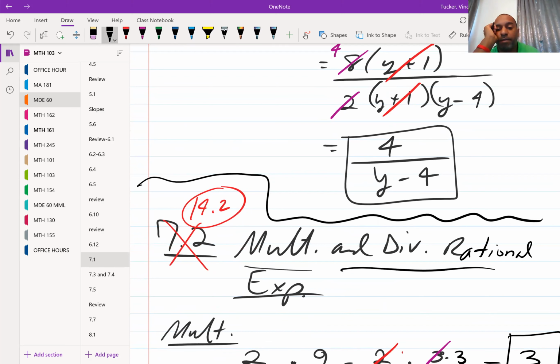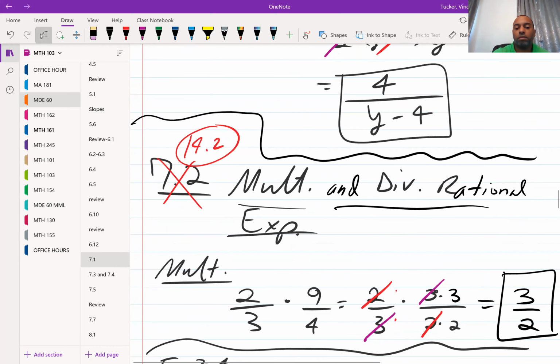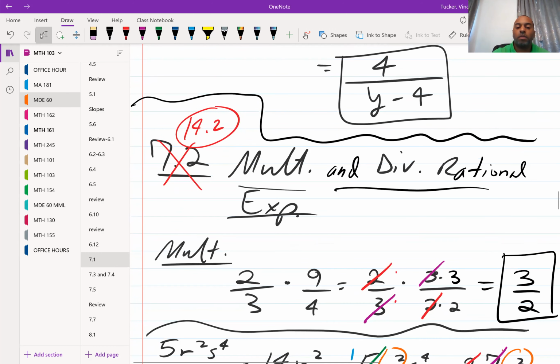So we're going to multiply and divide rational expressions. Let's make sure we're comfortable with the process. We have 2 times 3 times 9 minus 4. We'll multiply two fractions.